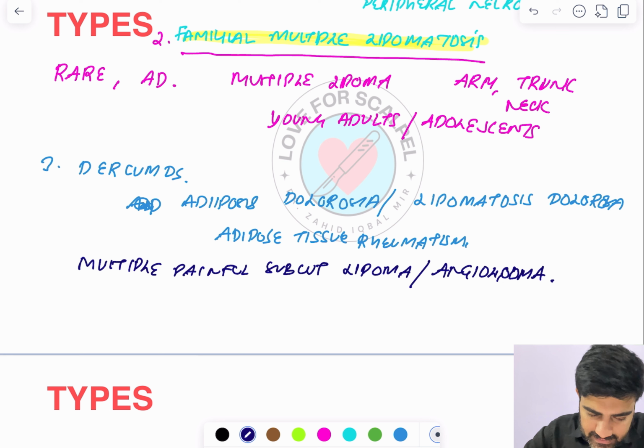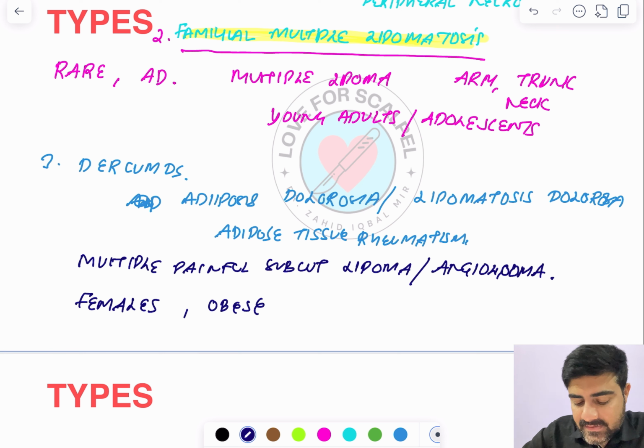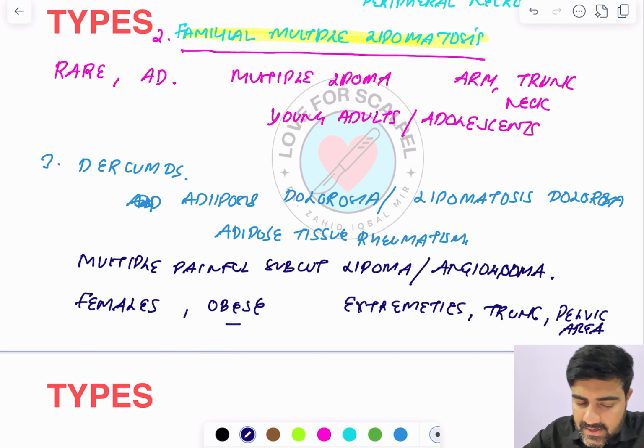So it is usually seen in females, mainly in obese females. Okay, and sites we have extremities, trunk, pelvic area. So these are the sites where this Dercum disease is seen.